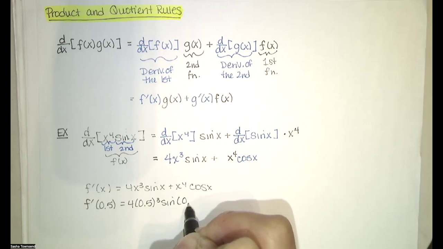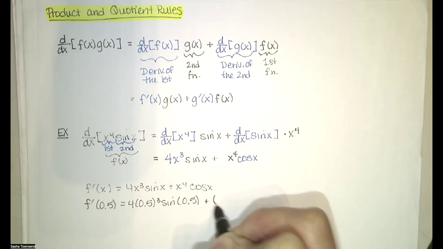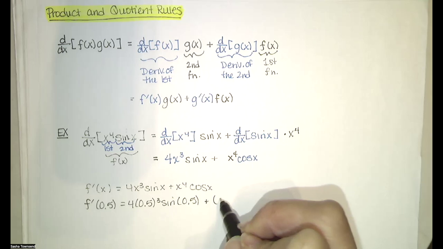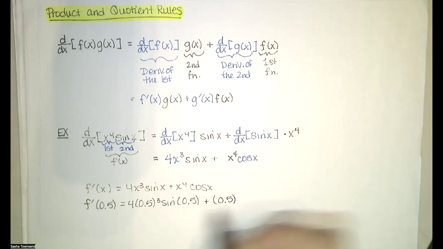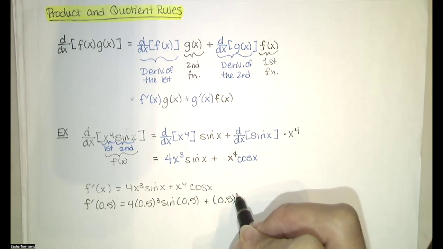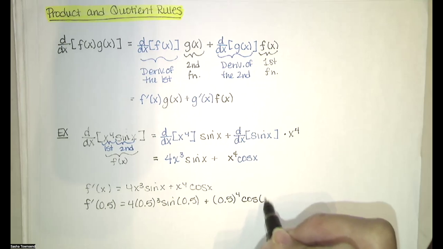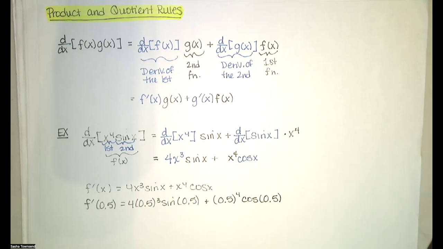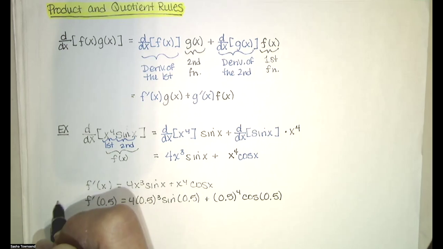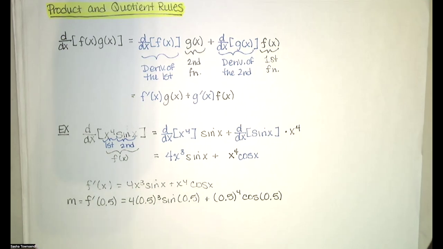Now, I don't actually know any of these values. I mean, 0.5 cubed we could do by hand, but the sine of 1/2, I don't actually know. So I would use a calculator for this, probably a scientific calculator. Remember, this is the slope of the tangent line.